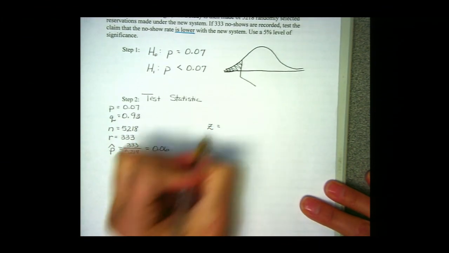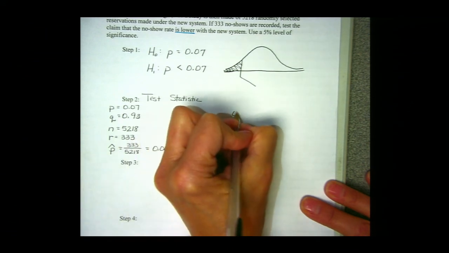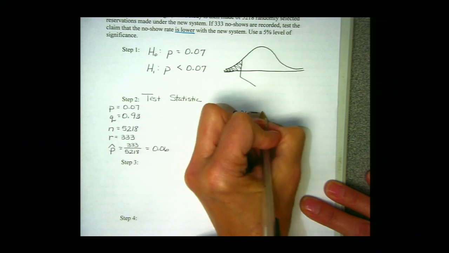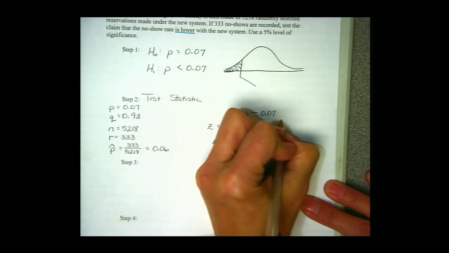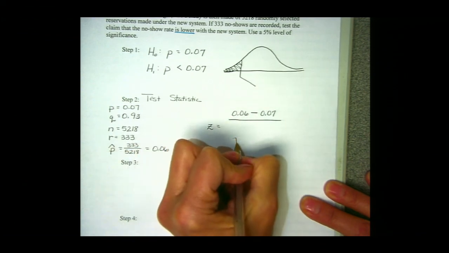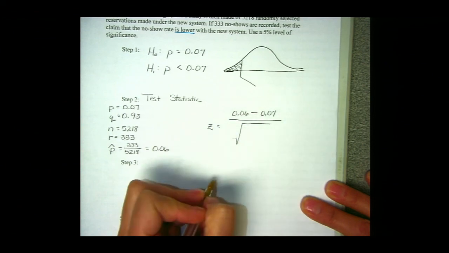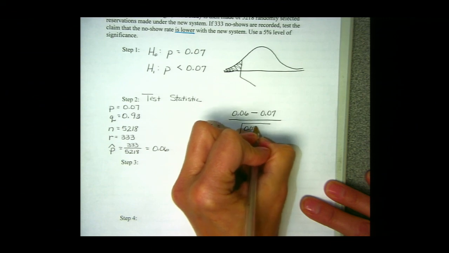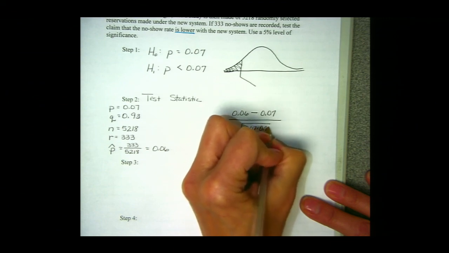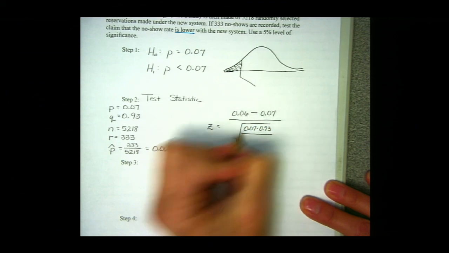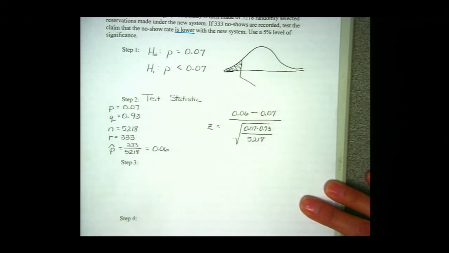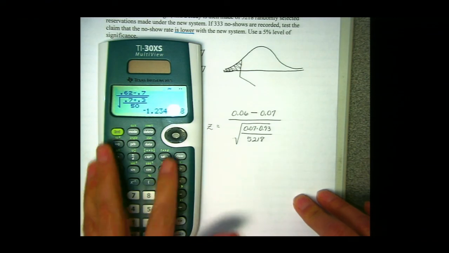So now I have everything that I need to calculate my test statistic, which is a Z. So it is P hat, 0.06, minus P, which is 0.07, divided by the square root of P times Q, so 0.07 times 0.93, divided by N, which is 5,218. So we're going to put that into the calculator.